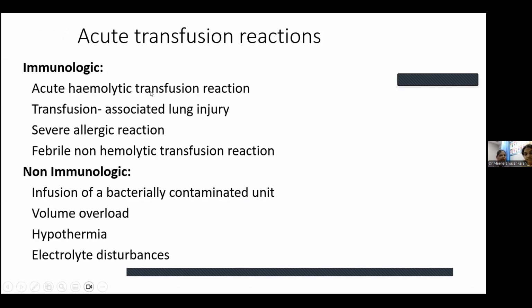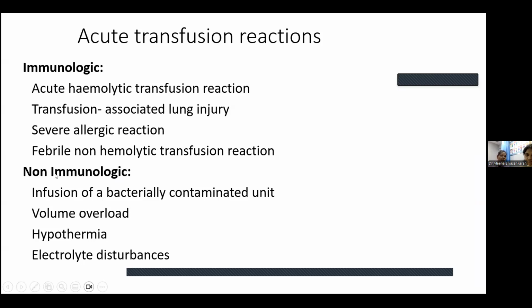In the next slide, we can see acute transfusion reactions. While giving blood transfusion, we should monitor the patient for reactions. Transfusion reactions are of two types, immunologic and non-immunologic. Immunologic reactions include acute hemolytic transfusion reaction, transfusion-associated lung injury, severe allergic reaction, and febrile non-hemolytic transfusion reaction.